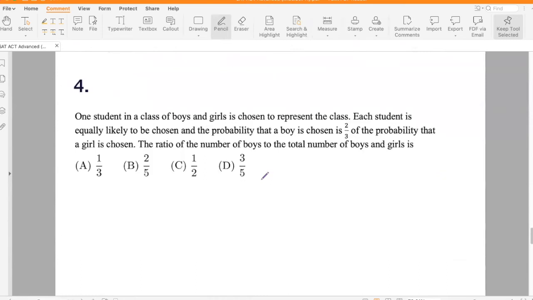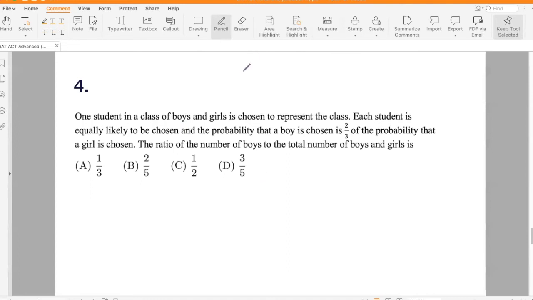Question 4. One student in a class of boys and girls is chosen to represent the class. Each student is equally likely to be chosen, and the probability that a boy is chosen is 2/3 the probability that a girl is chosen. The ratio of the number of boys to the number of boys and girls is what?